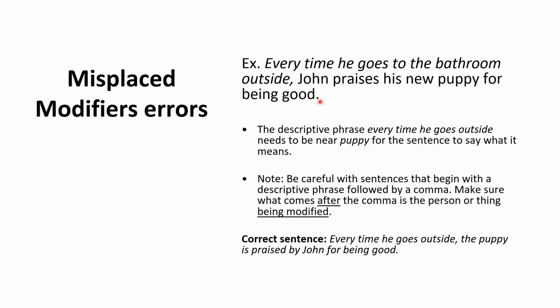But semantically, if we would look at the meaning of the sentence, analyze the meaning of the sentence, it is quite off. Why? Okay? The descriptive phrase, every time he goes outside, needs to be near the word puppy for the sentence to say what it means. Okay?